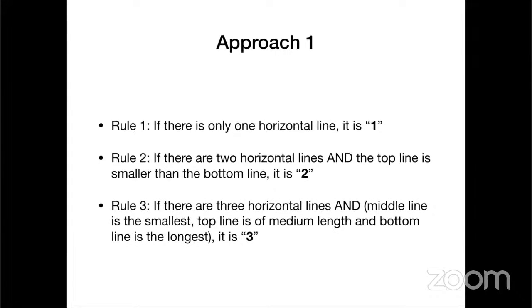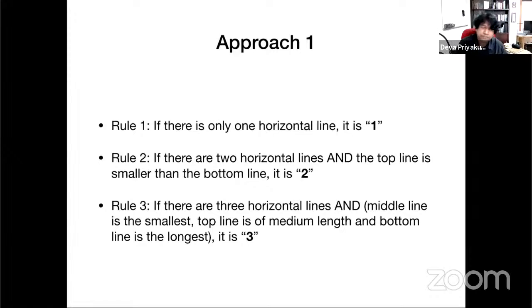So this is exactly what we would do on a computer: look at it and see which one it is, based on the rules we make, and then you identify. These rules are pretty straightforward. When you look at these rules, you must be able to identify also. That's the second approach.